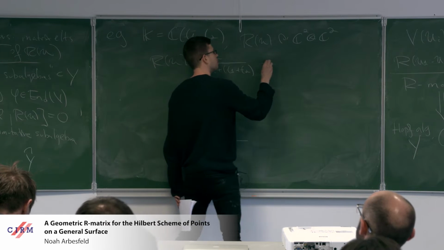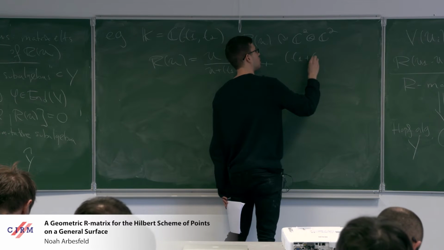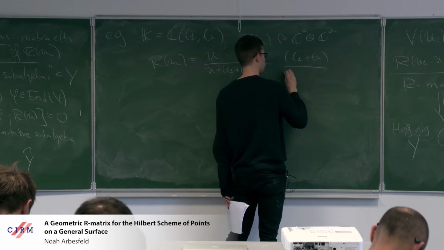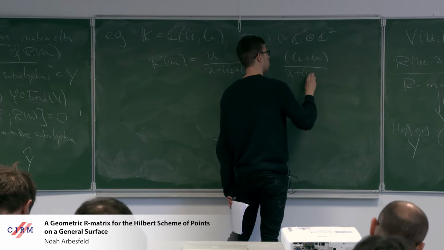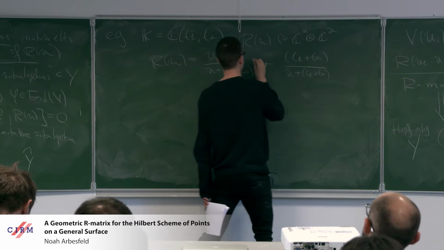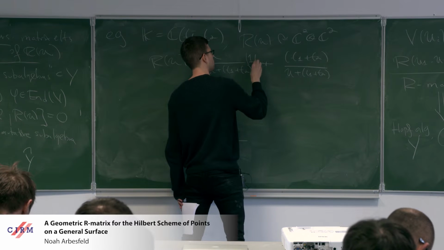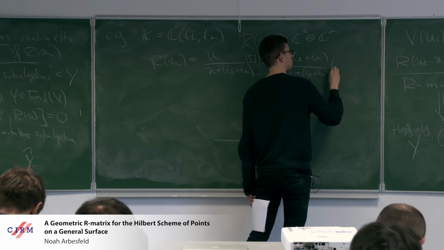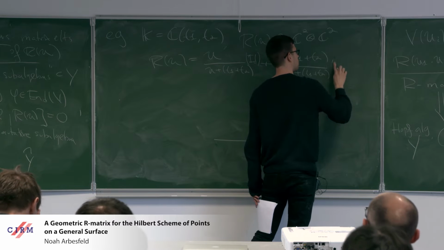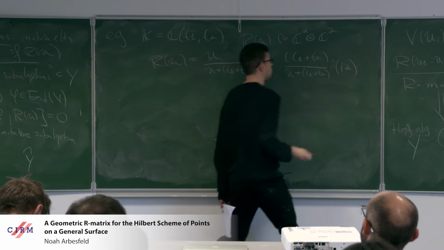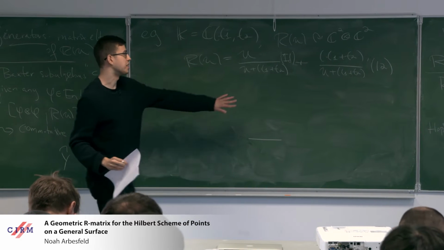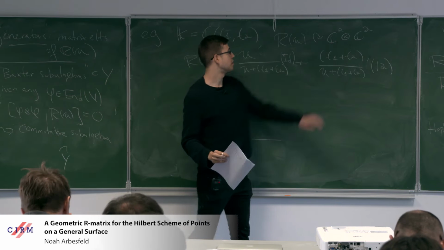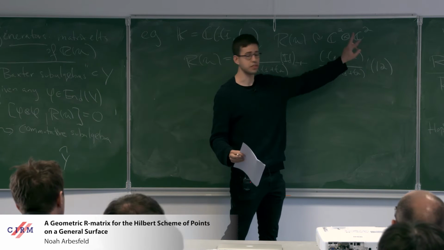I can write it like so, where the identity just fixes this tensor product and this permutation swaps it.